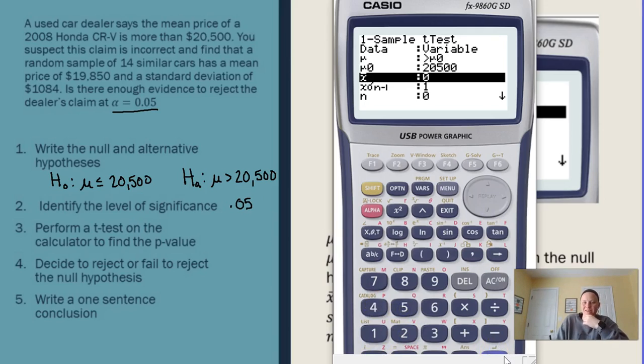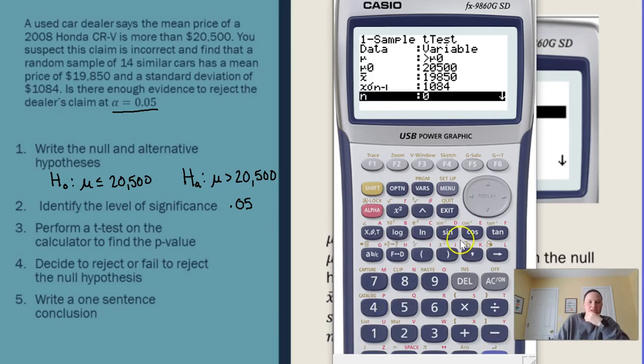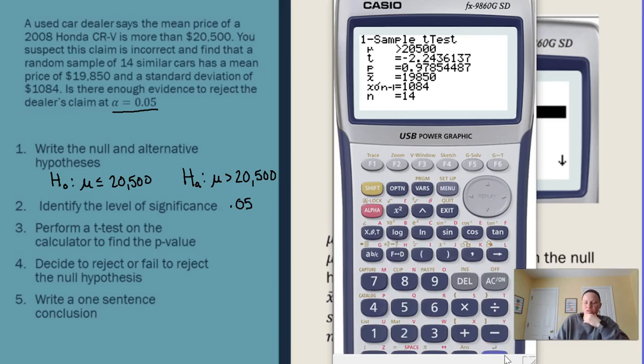X bar is the sample mean, so from my sample, it was 19,850. On your calculator, this is probably going to say Sx. That is the sample standard deviation, so that was 1,084. Then n is my sample size, so we had a sample of 14 cars. Then I'm just going to press enter one more time.